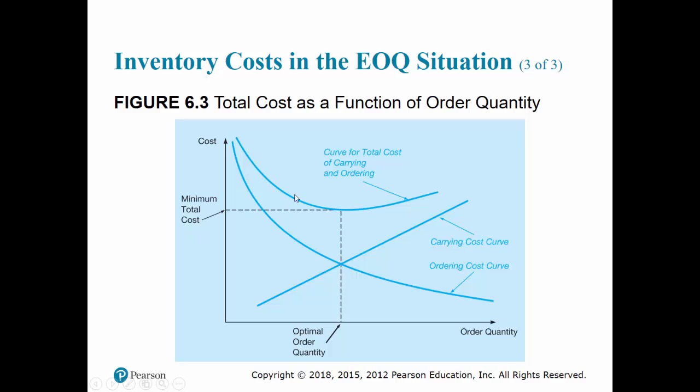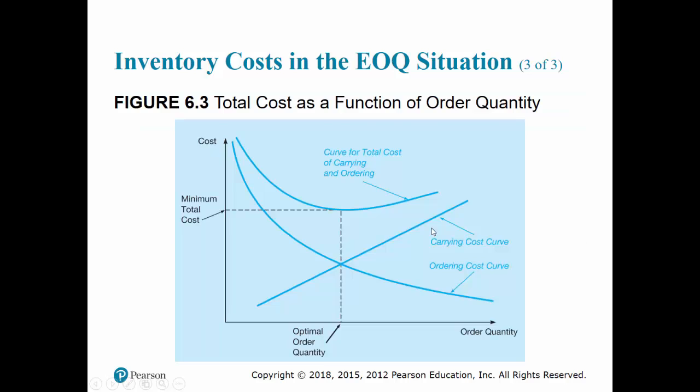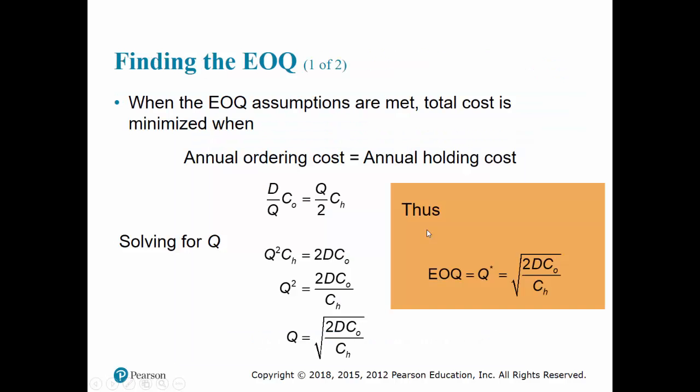We really want to minimize this cost represented by this curve, which means the bottom part, and it so happens, and we can prove this with calculus, that this minimum will occur exactly at the point where these two lines intersect, the straight line and the curved line. So we can set these two costs equal to each other and then solve for Q, and that will give us a formula for EOQ.